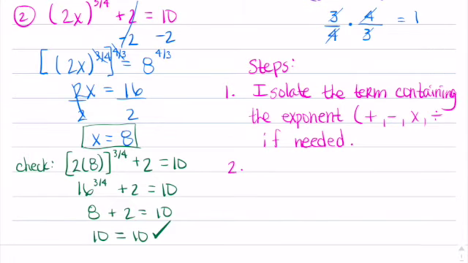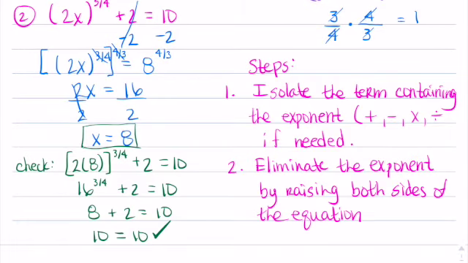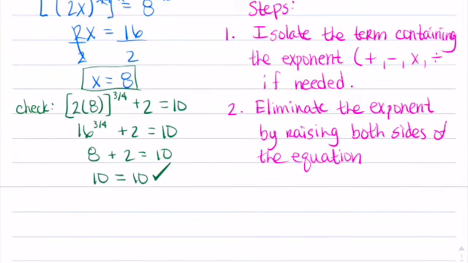Once we do that, then we eliminate the exponent. And we eliminate by raising both sides of the equation to the reciprocal exponent.